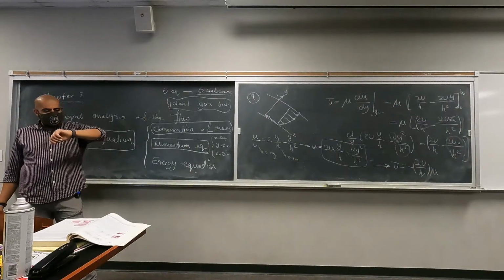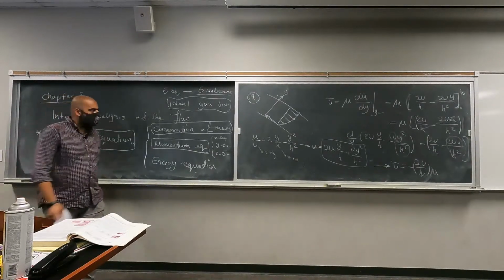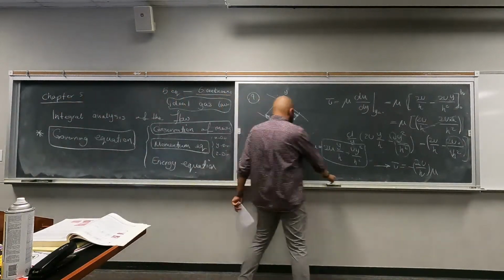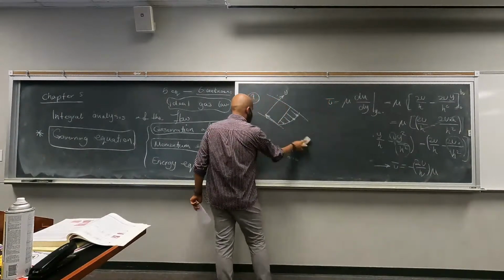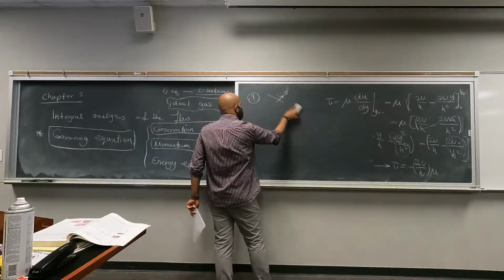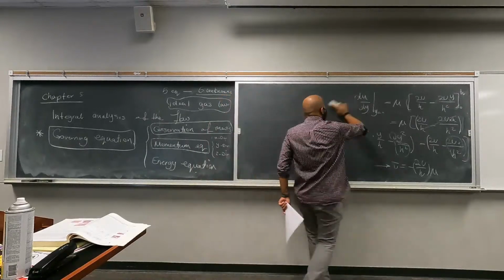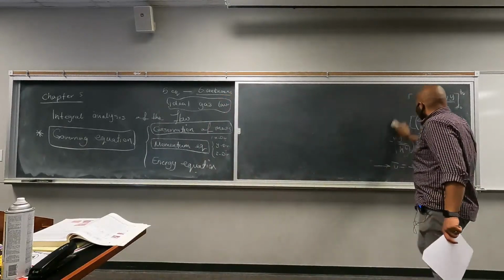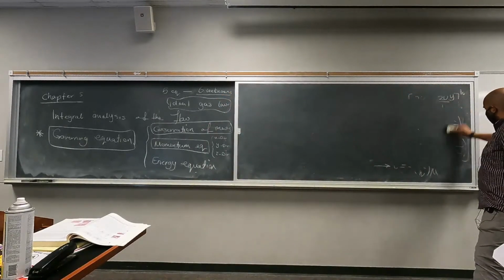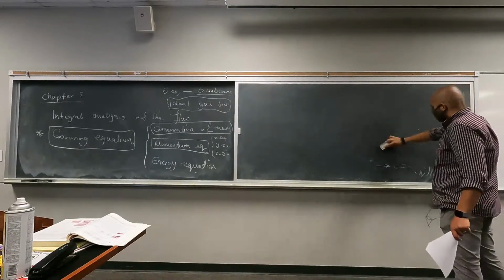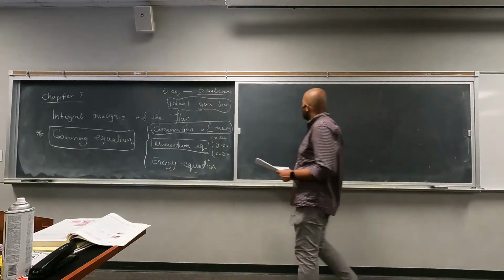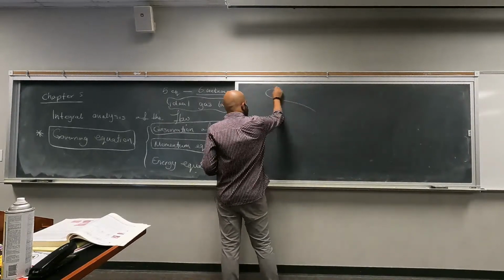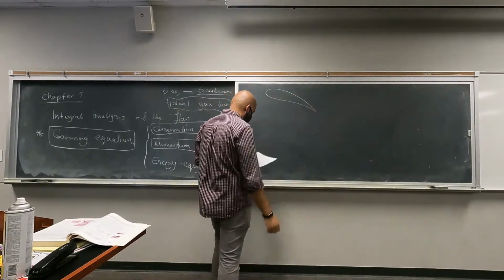Question number 10. We are given an airfoil, which is a 2D cross-section of a wing.